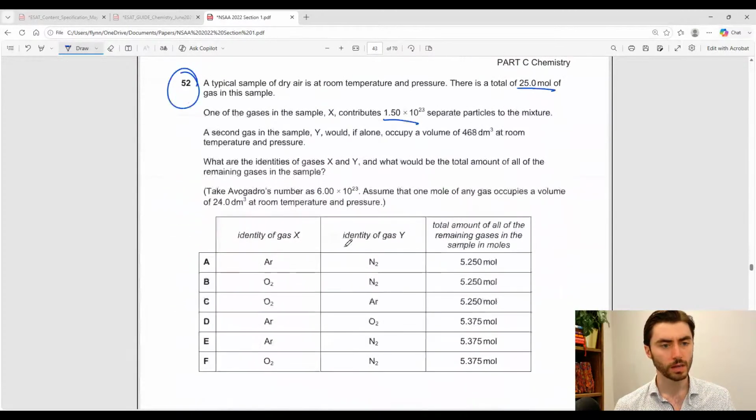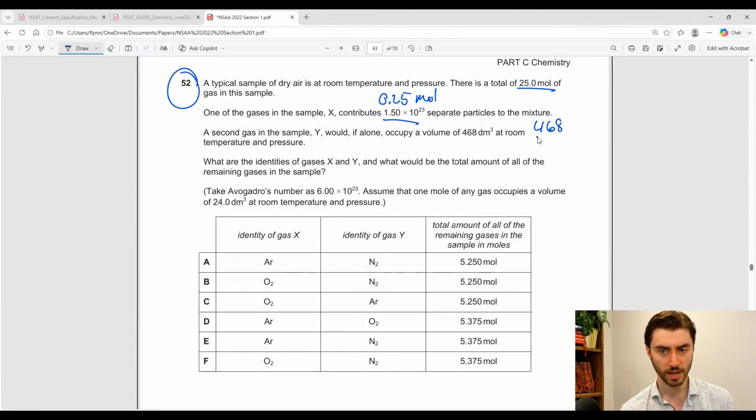I think this was my first one. Total of 25 moles of gas. One of the gases contributes this. Now, 6 times 10 to the 23 is 1 mole. So that is 0.25 moles. Okay. A second gas would alone occupy a volume of this at room temperature and pressure. Well, one mole is 24.